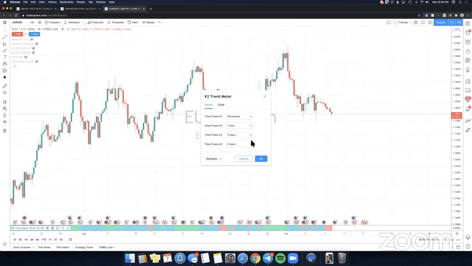So these would be good because you'll know your entry point, which would usually be 30 minutes, and the trend 4 hours later, because generally you want to be in and out of that trade within a couple hours. You don't want to be in it a whole day or a week. But if you wanted to trade longer, you can always change it. Or if you wanted to trade shorter, you can also change it to the short time frames.